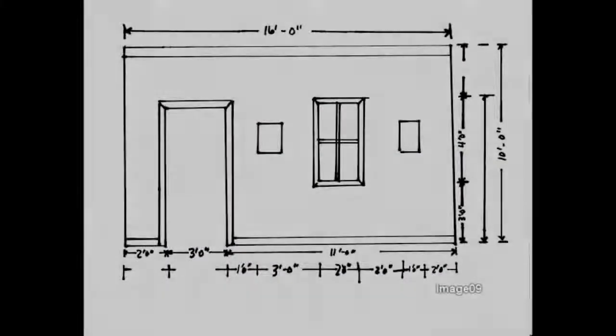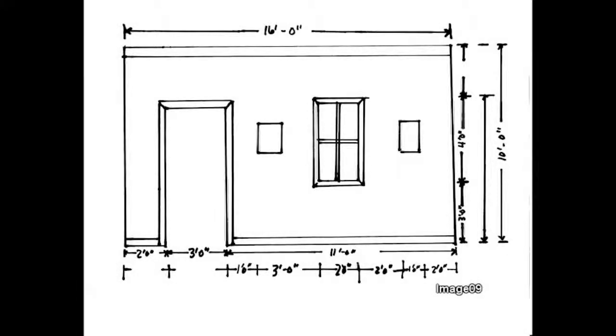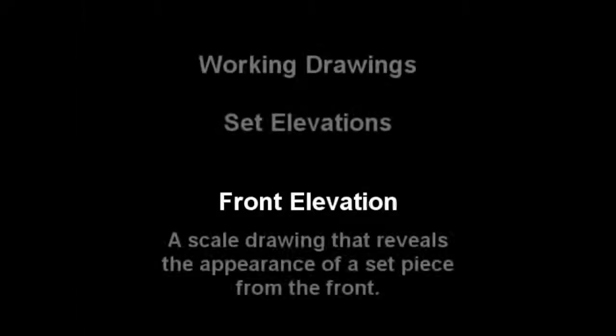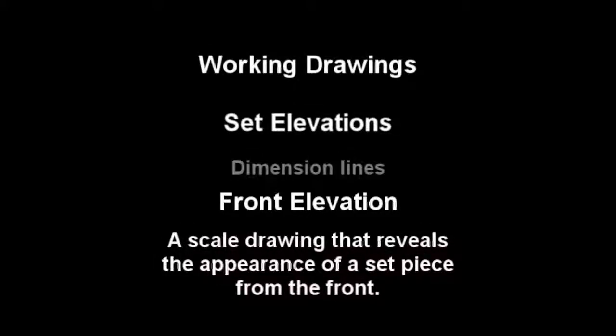A wall in which there will be a door will have an elevation which will illustrate this. The front elevation will indicate where the door will be located and at what height and width the door will be. The lines indicating this are referred to as dimension lines.